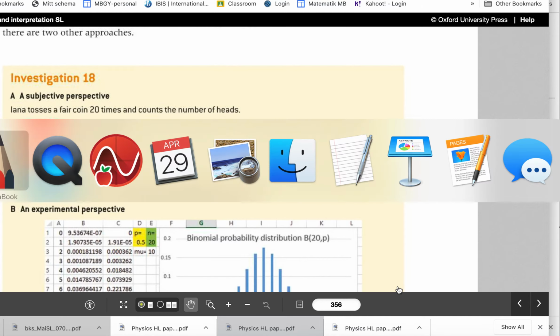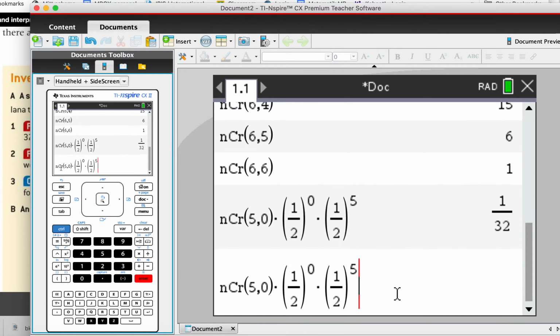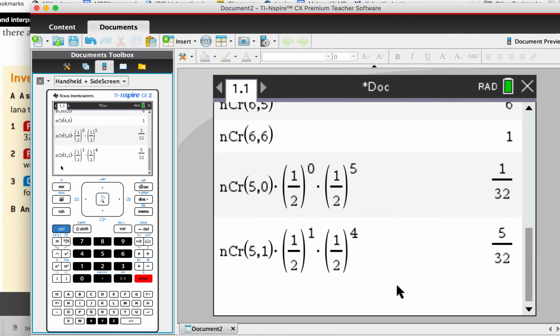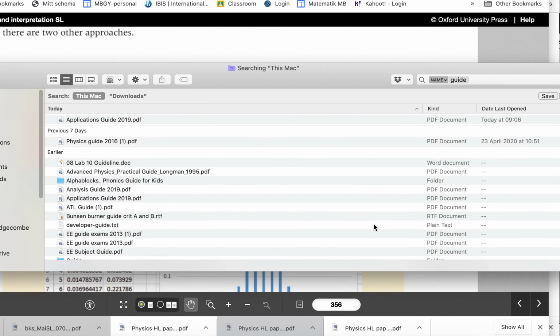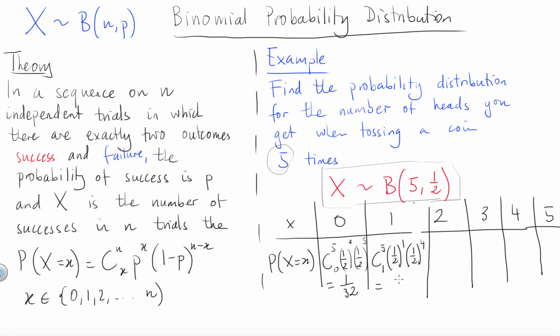Let's do the calculation. Just copy this and change the coefficients. Now I've got 5 NCR 1, 1/2 raised to the power 1, and 1/2 raised to the power 4. 5 over 32.